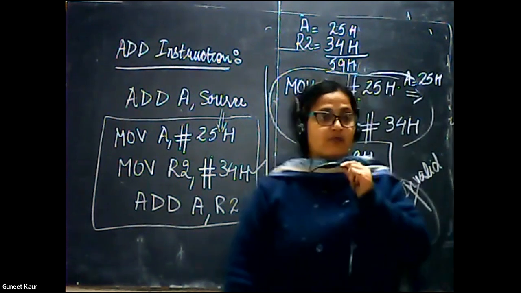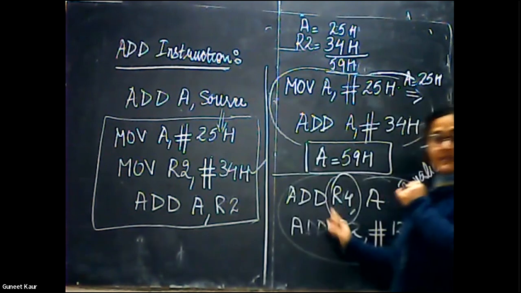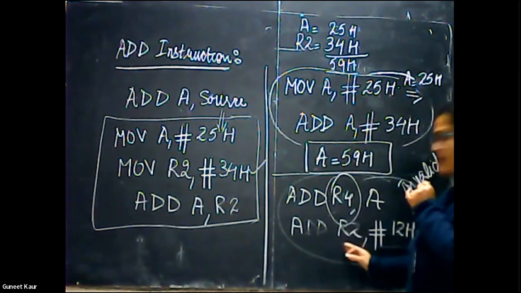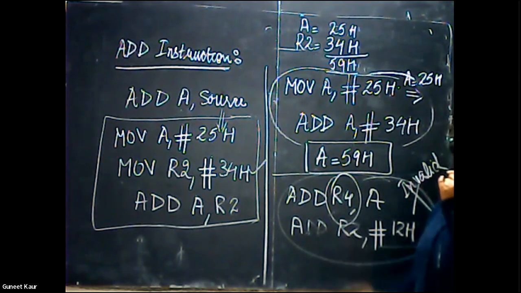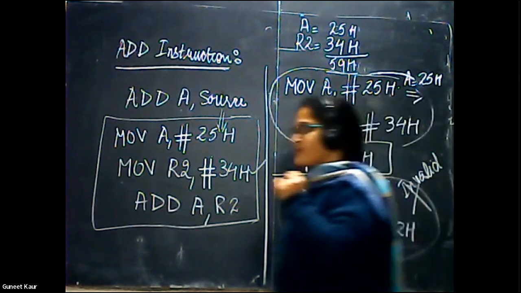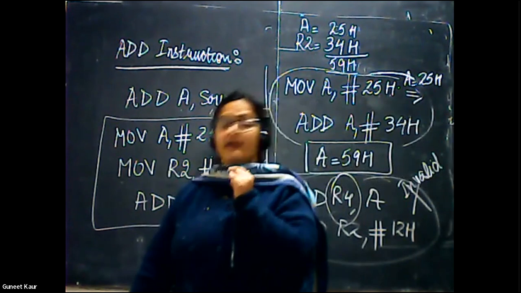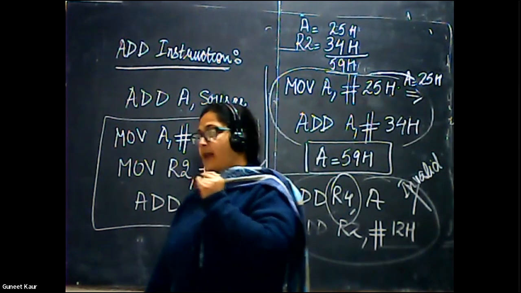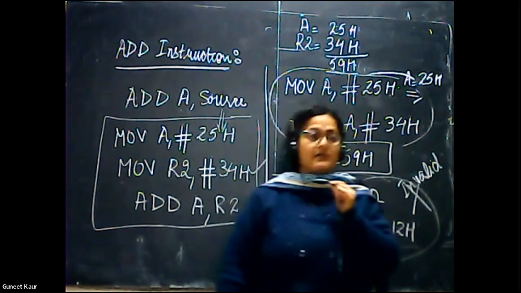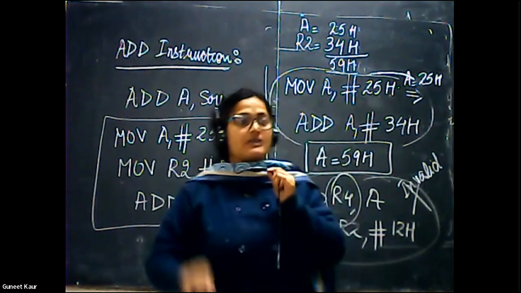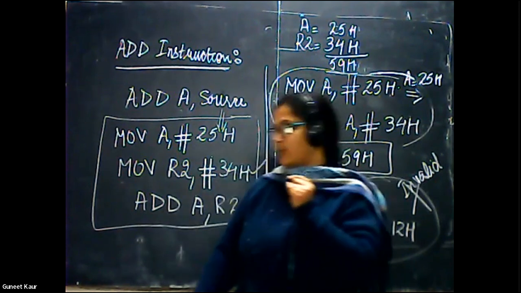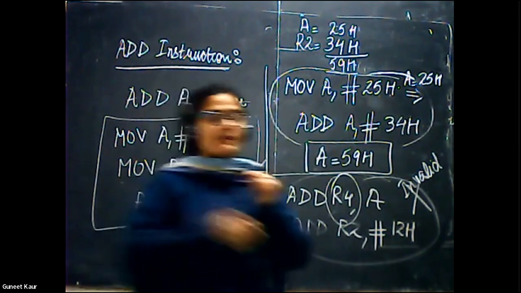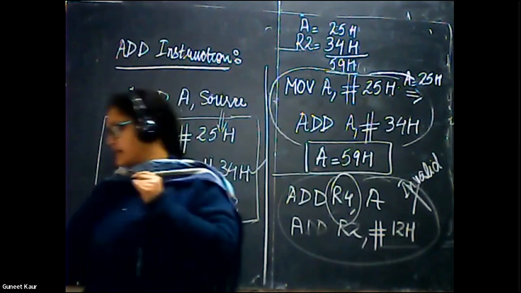But in these two instructions, the destination register is R4 and R2. So that's why these two instructions are invalid in the 8051, because in any arithmetic operation, the destination register should always be the accumulator. So this was the explanation for the add instruction.